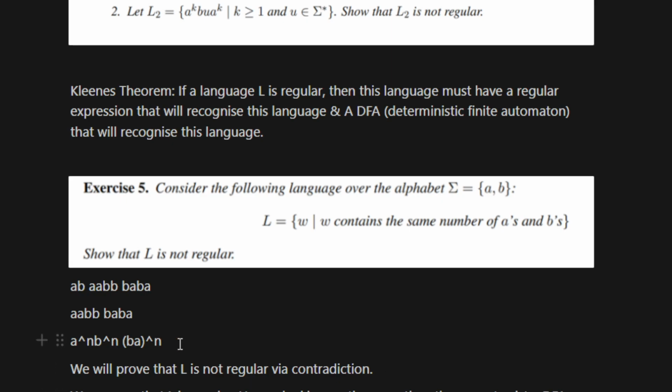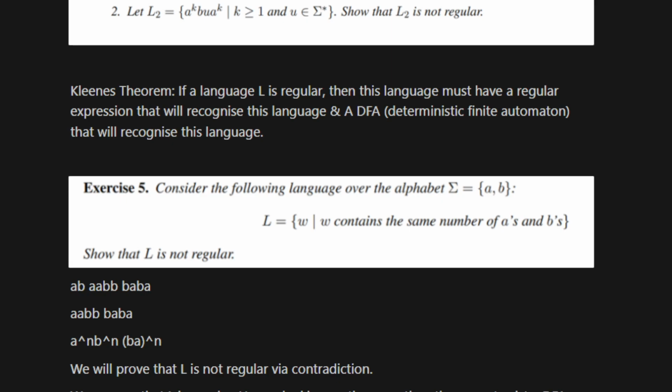And the thing is, like I was talking about before, we have a to the power n and b to the power n, or this form, or we could have many other forms, which I'm sure you can have a look at. But the main thing is that we only care about the number of a's and b's, so we can actually reduce this language down. Because we are only looking at the number of a's and b's in the language, we can reduce L to L prime.